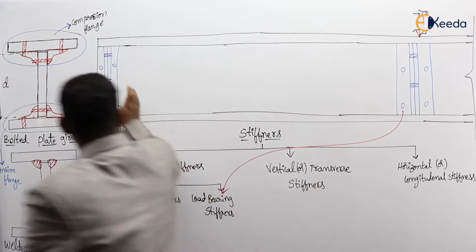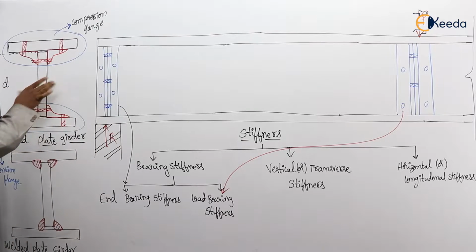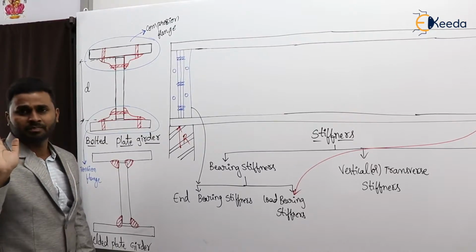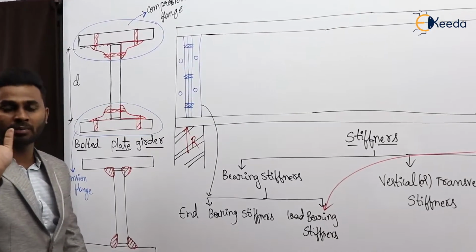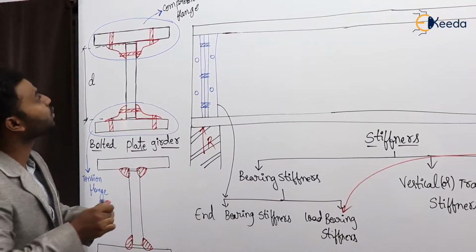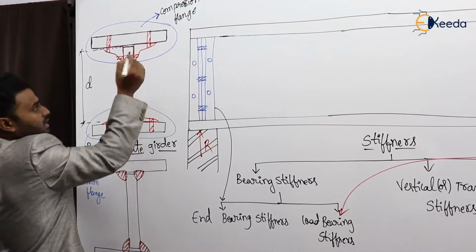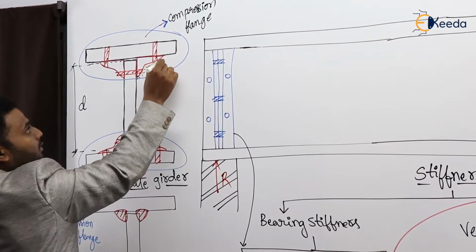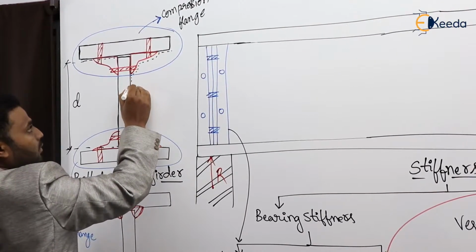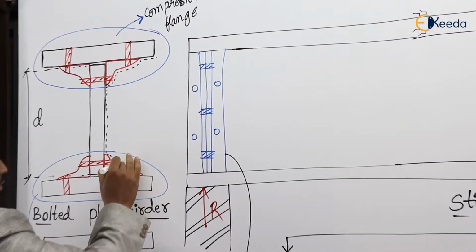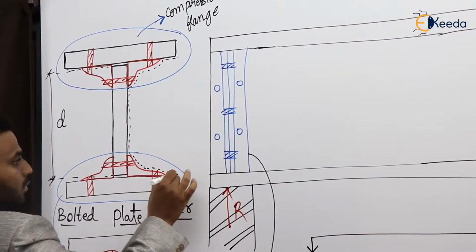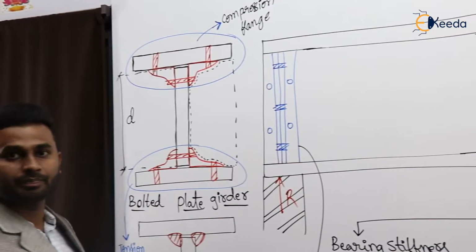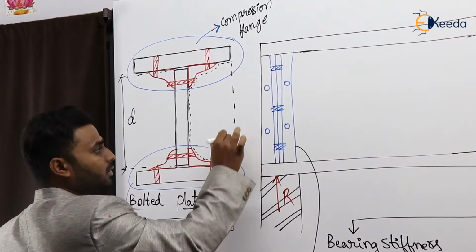See, these stiffeners can also be shown in this cross section, but if I show the stiffeners here, it is very clumsy, or you will get confused. That is the reason I'm not going to show. But if you want to show those stiffeners in this cross section, just with a dotted line, I'm going to show here. They will be like this. We are going to provide a stiffener. Okay, like this we are going to provide a stiffener.